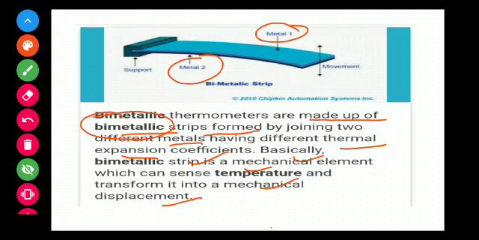Therefore, we use this bimetallic thermometer to measure the temperature of a flame and of a furnace. What is the principle in this case? The principle is that there is a different thermal expansion of two metals, and due to it there is bending, and due to bending there is a movement of the needle.